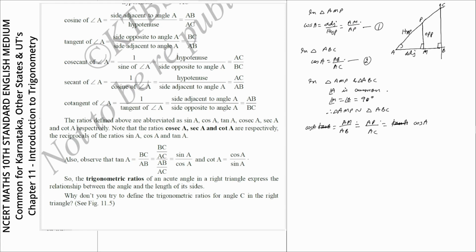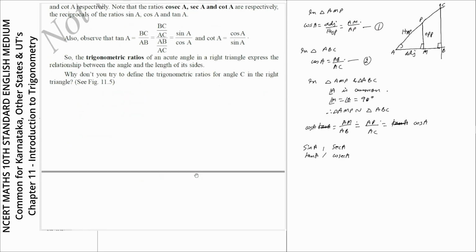So what it means? No matter what the size of the triangle, if the angle is constant, then the trigonometric ratio will be the same only. Similarly, sine of A, tan of A, secant A or cosecant A, all will be the same no matter what the size of the triangle.